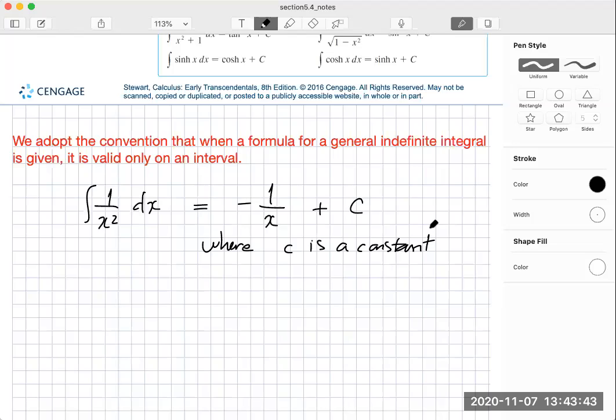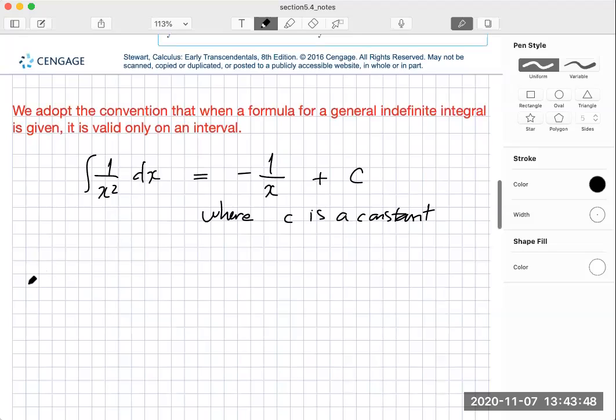Look at this, the antiderivative of the function 1 over x squared is negative 1 over x plus a number c, right?